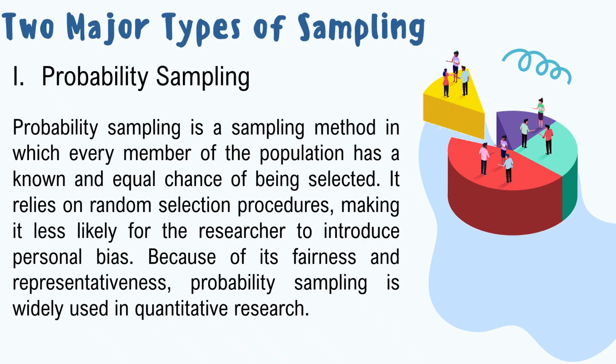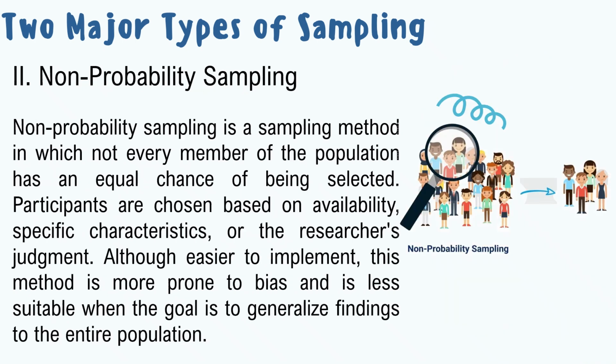So probability sampling is widely used in quantitative research because it can reduce personal bias and can provide a more representative sample. Now, let's compare that with non-probability sampling. So, in non-probability sampling, not every member of the population has an equal chance of being selected. Participants may be chosen because they are available, because they have specific characteristics, or because the researcher uses judgment.